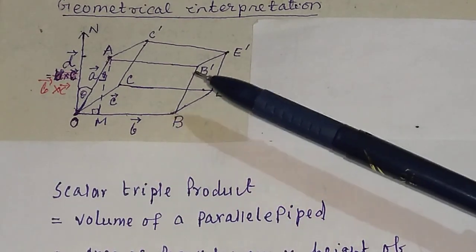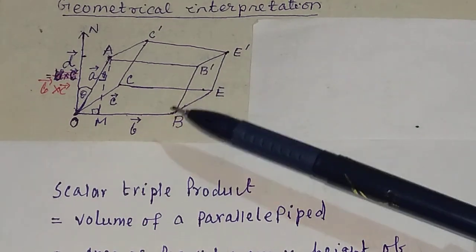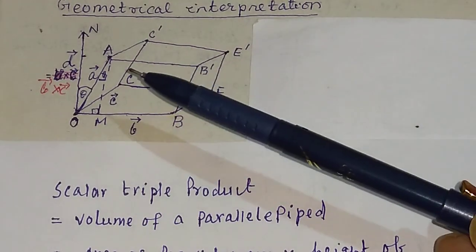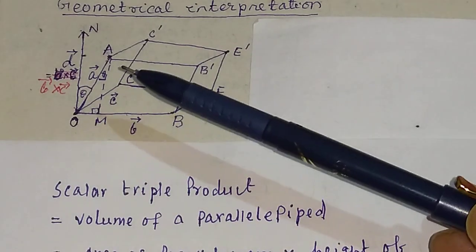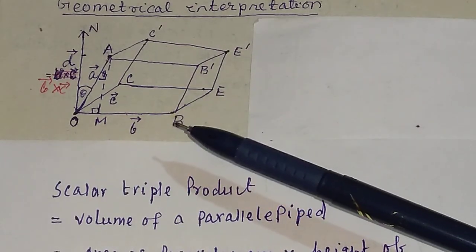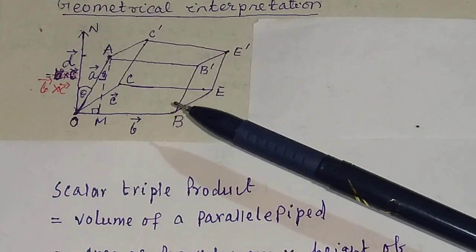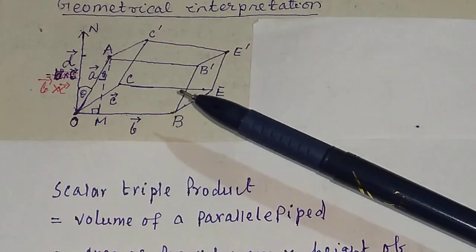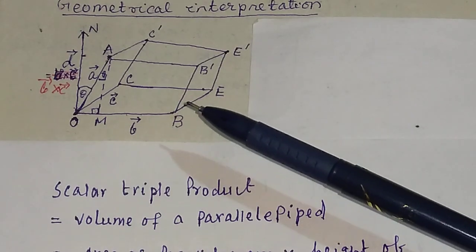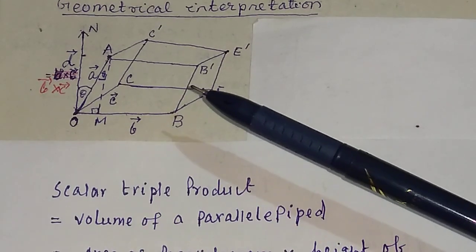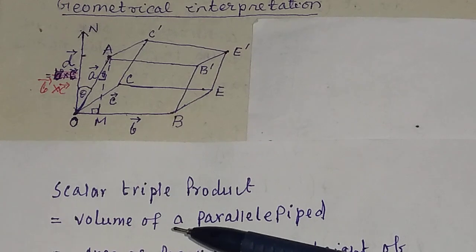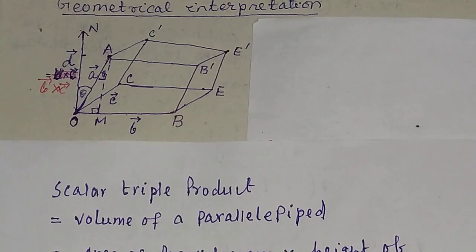Similarly, B dash E, this is also a parallelogram. A B dash BO, this is also a parallelogram. If all the faces are parallelograms, then it is called a parallelepiped. So what is scalar triple product? Scalar triple product is nothing but the volume of a parallelepiped.